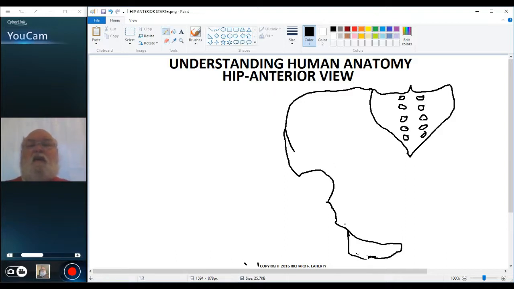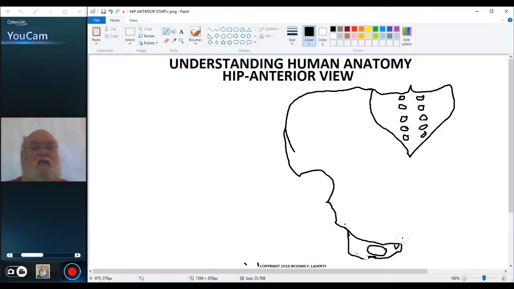And I'll sketch in the obturator foramen, and let me sketch in the pubic tubercle.